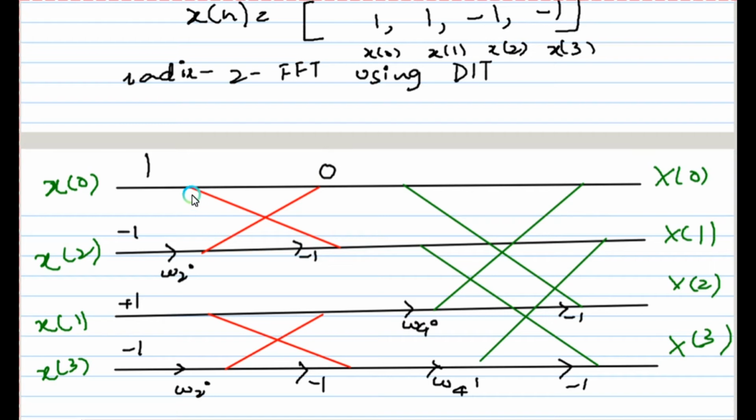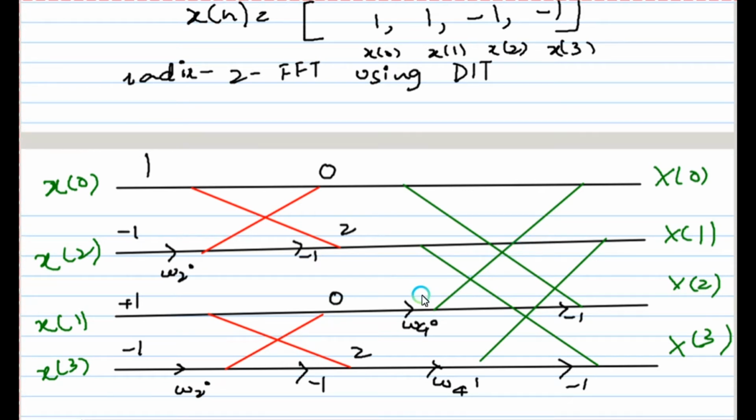Similarly we have 1 here, we have minus 1 here, multiplied by W20, which is again 1. So 1 minus 1 into 1 is 1. So we have 1 minus minus 1. So 1 minus minus 1 becomes plus. So it becomes 1 plus 1, that is 2. Similarly we will get 0 here, and we will get 2 here. Right?